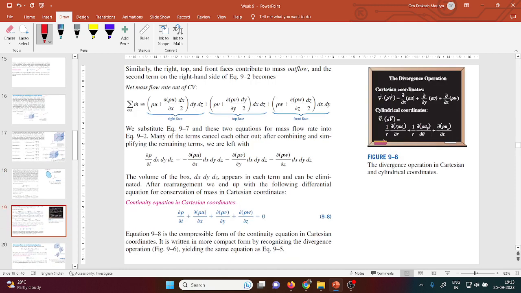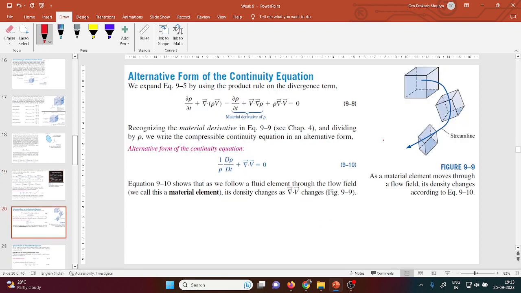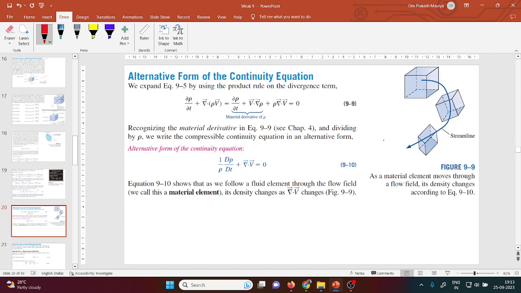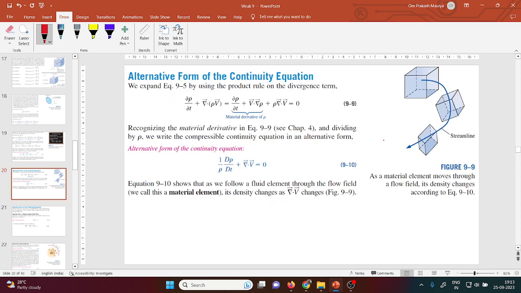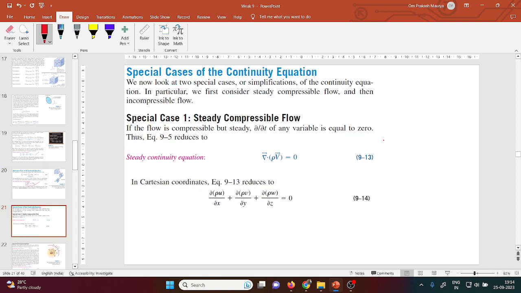So this is the equation in Cartesian coordinates. The alternative form of the continuity equation is the same as what we discussed previously. In the special case, if the flow is steady, then the time term will be 0. If you write it in Cartesian coordinates, the equation looks like that.